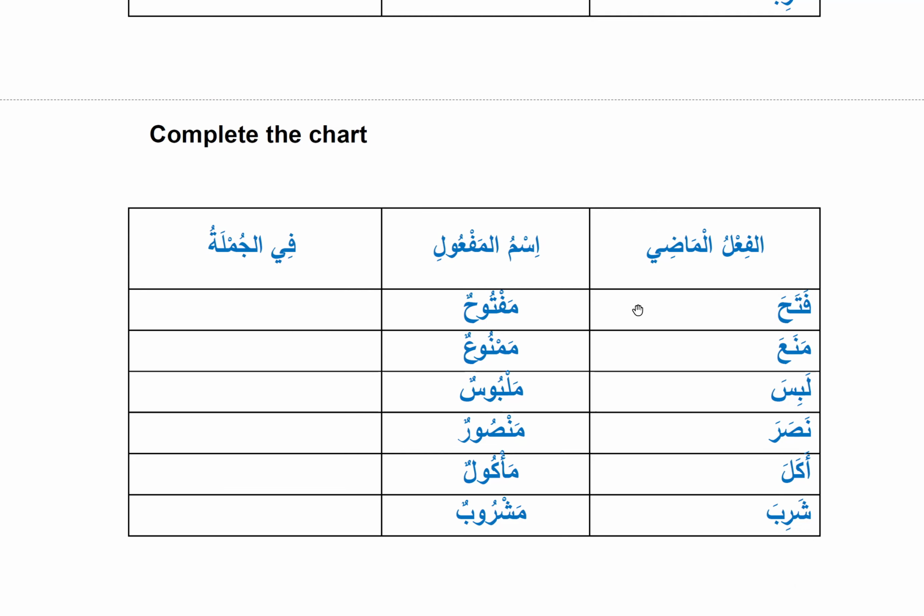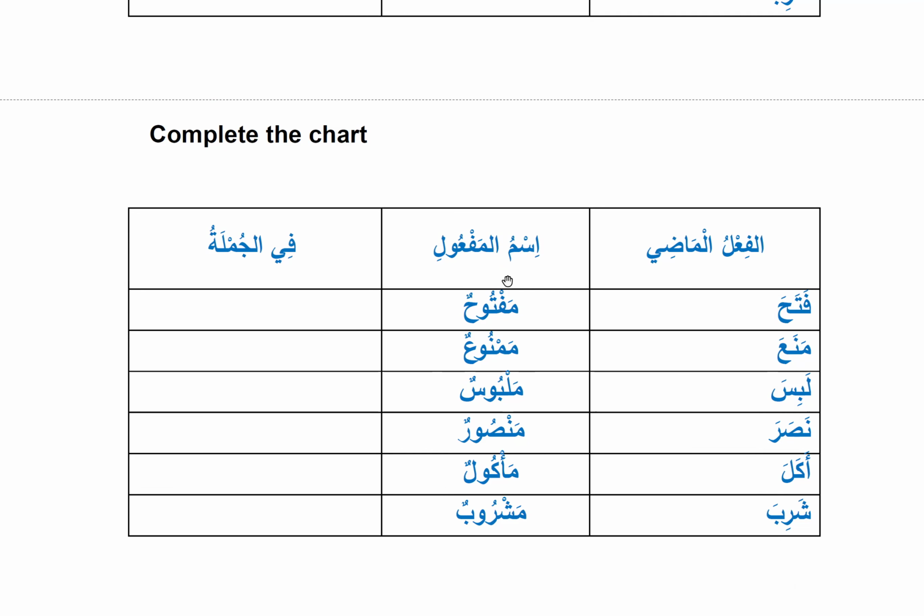So fataha will be maftuh. Fataha means to open, and maftuh means something that is open. And mana'a means to prevent. Mamnu' is something that is not allowed.